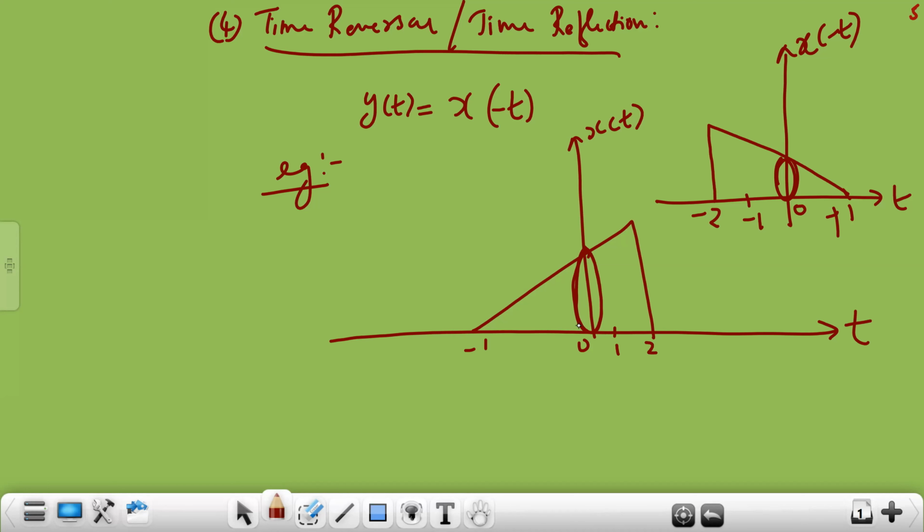For example, in a mathematics equation like a plus b into c minus d, or e divided by something, you have a division operation, plus operation, multiplication, and subtraction simultaneously performed. In this case, you will apply the BODMAS rule, the precedence rule.